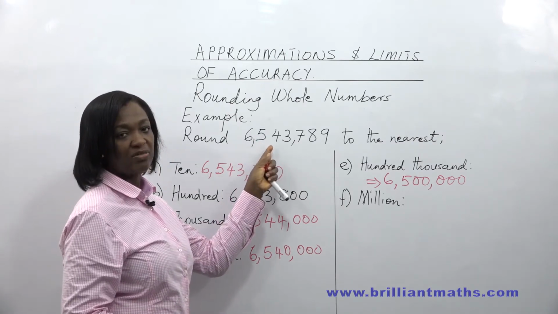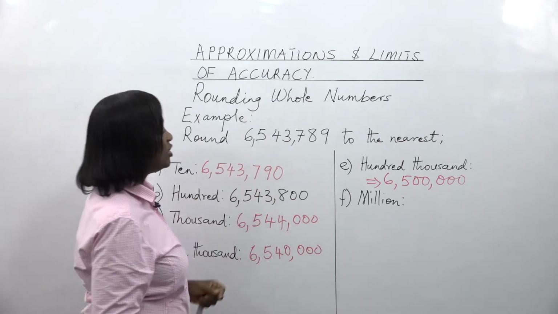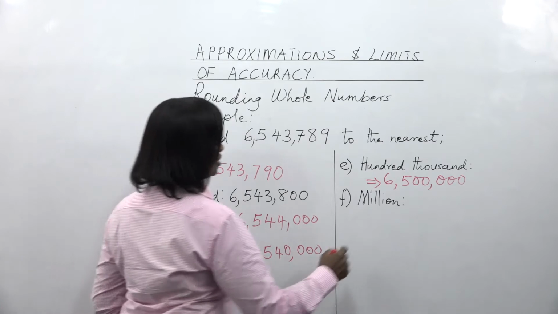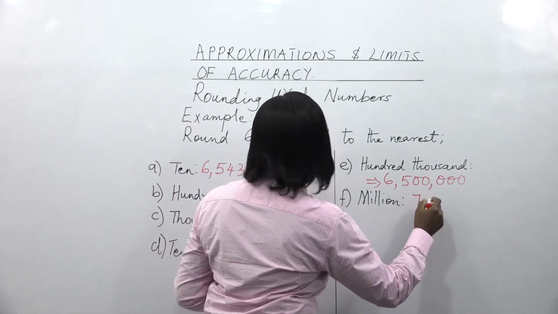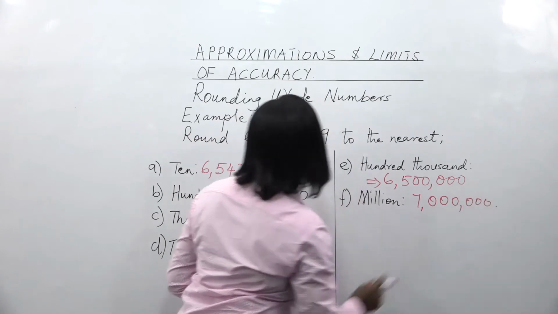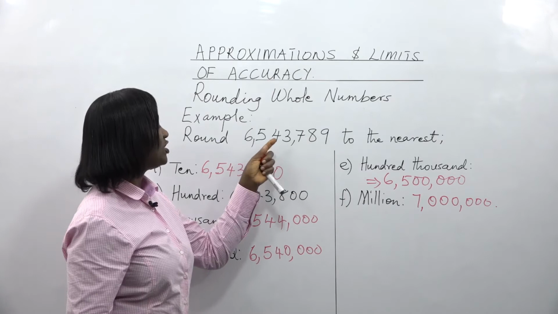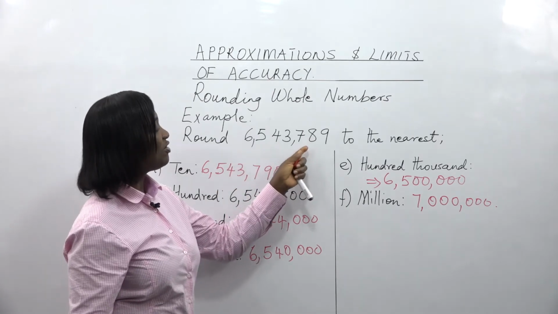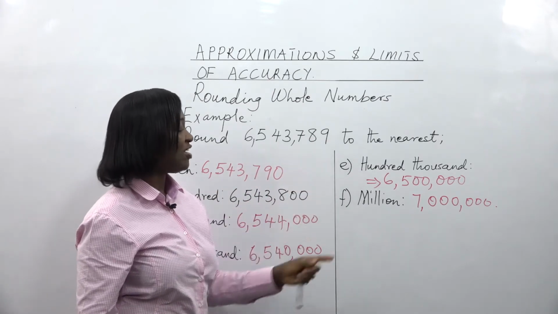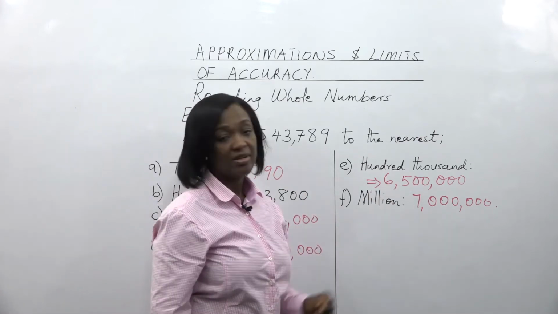And when the digit is 5 or more, you round up. And you round up by adding 1 to the digit you are rounding. So it becomes 7 million. So if 6,543,789 is rounded to the nearest million, the answer is 7 million.